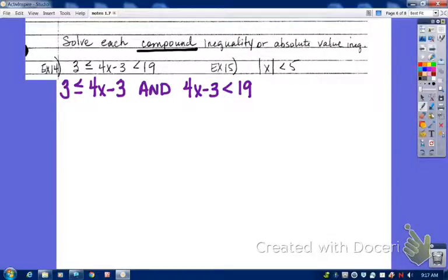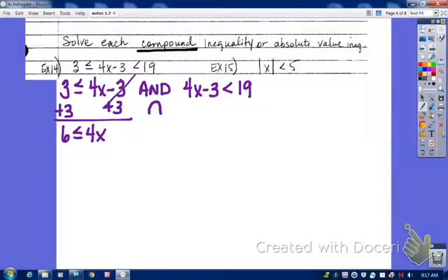You also need to know that and is the same thing as intersection. You're going to solve each one of the inequalities, and then we'll graph the intersection of the two inequalities. Now, I do not like for my variable to be on the right-hand side.